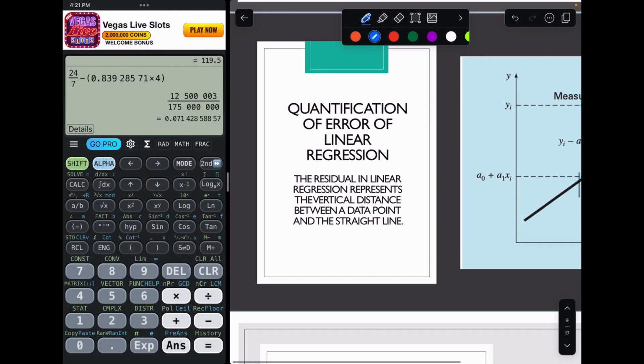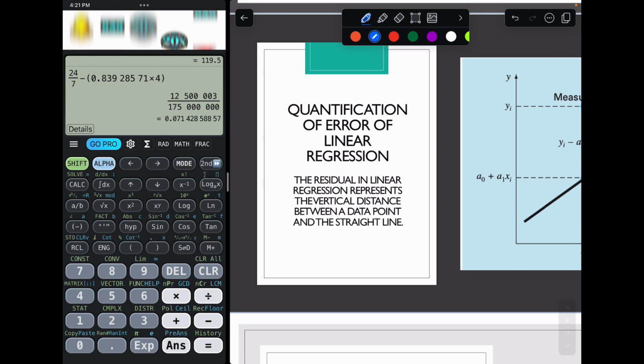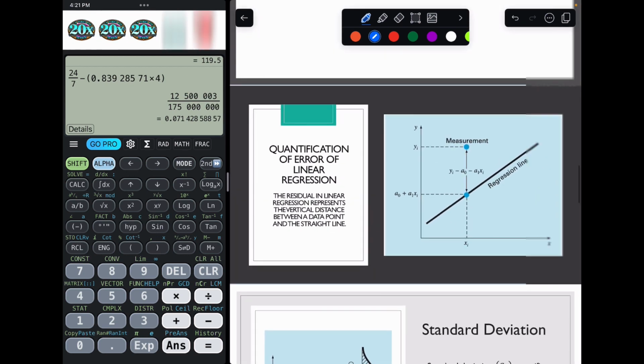There is also a quantification for the error of the linear regression. Remember, a sub 0 plus a sub 1 x sub i is the equivalent of the y sub i on the best fit line.